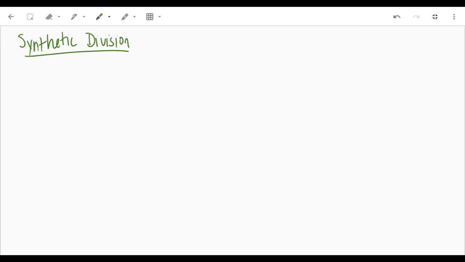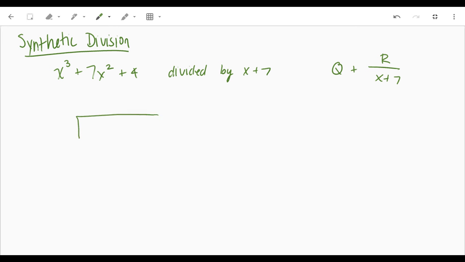We are going to do x cubed plus 7x squared plus 4 divided by x plus 7, and they want you to write your answer as the quotient plus the remainder over x plus 7. The first thing you do with synthetic division is, under your division sign, you don't put the expression, you put only the coefficients.